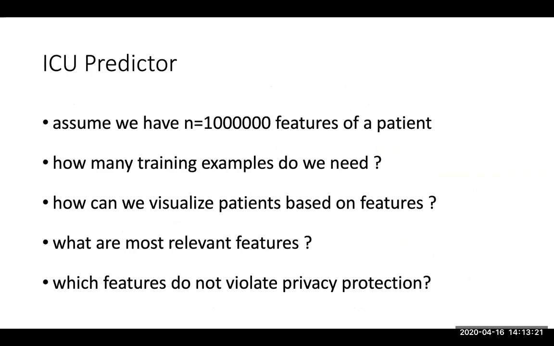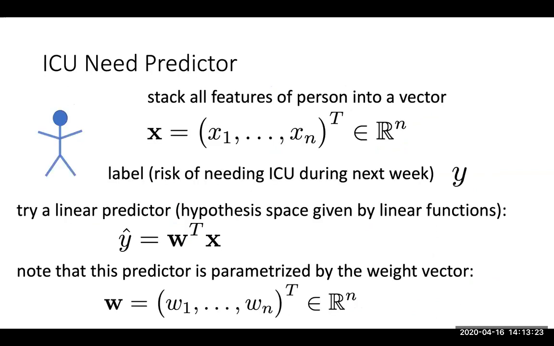Another example could be image processing, where one data point is not the patient, but an image. We could stack the pixels of an image into a feature vector. So each feature corresponds to one pixel and the red, green, blue values. How many features do we have for a typical image that you can take with your smartphone? How many pixels does such a snapshot have?